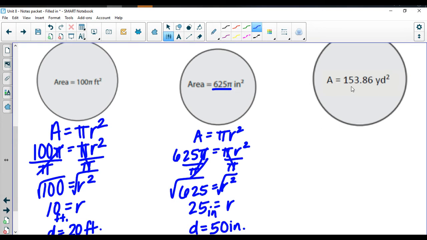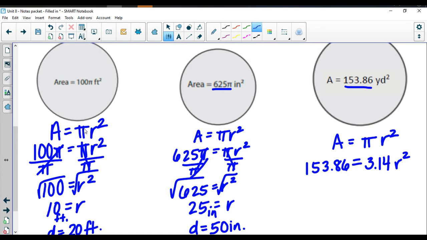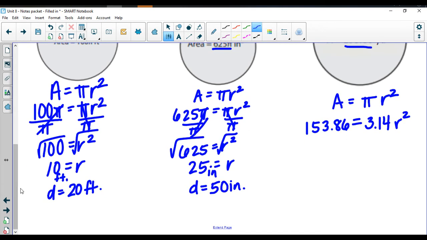For the next one, you'll notice we actually have a decimal answer on this one. We don't have our answer in terms of pi, so we're going to have to do a little something different here. We're going to plug in our area as 153.86, and instead of leaving pi in the problem, I'm going to actually rewrite it as 3.14 r squared, just because we actually have a decimal this time. Notice in all these we had the pi in our answer.